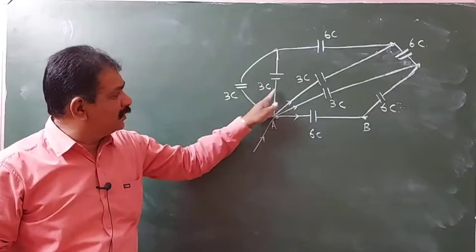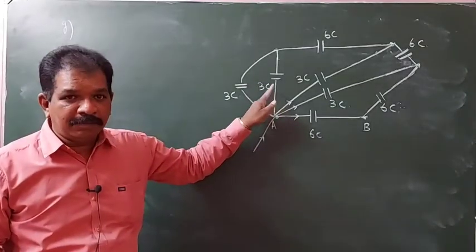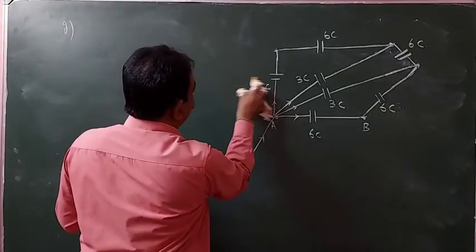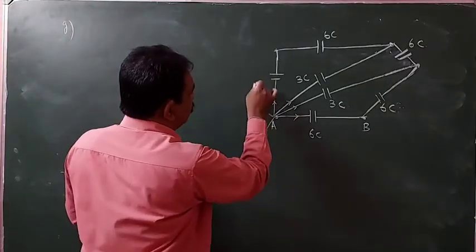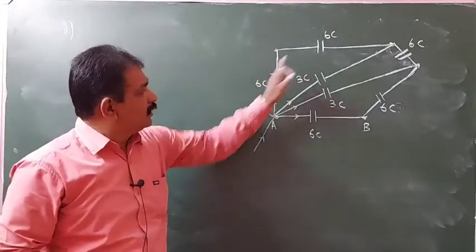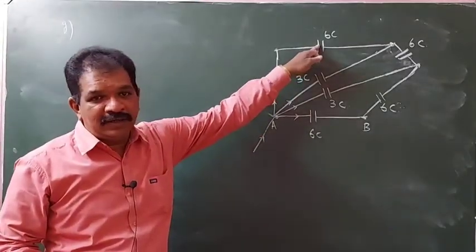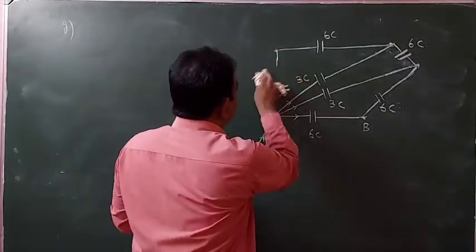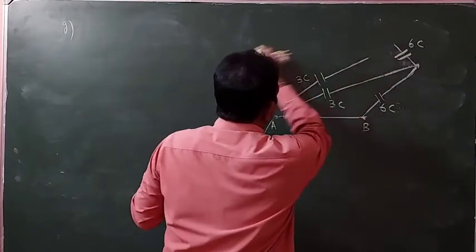Again this 3C will be in parallel. Effective of these two will be 3C plus 3C, means 6C. Okay. 6C will be again in series. Effective value will be how much then? 3C.